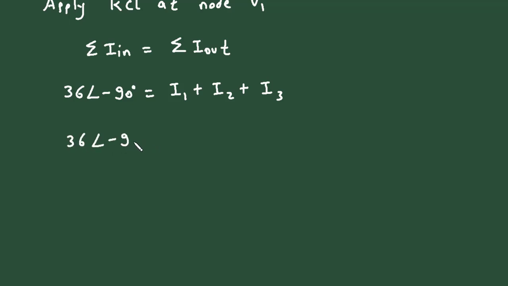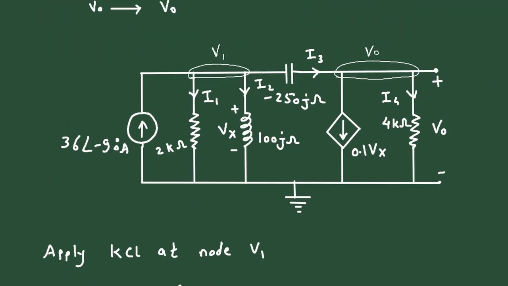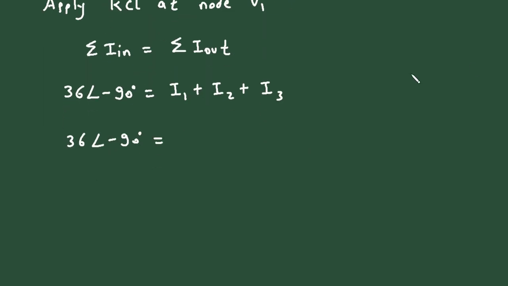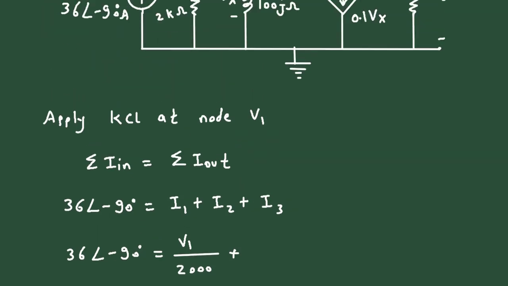36 at an angle minus 90 degree is equal to, now this I1 is equal to V1 minus 0 divided by 2000, plus I2.